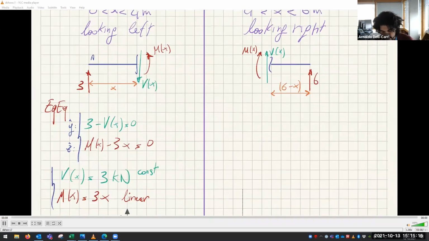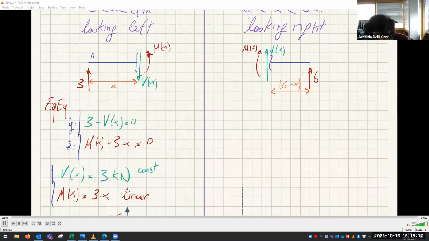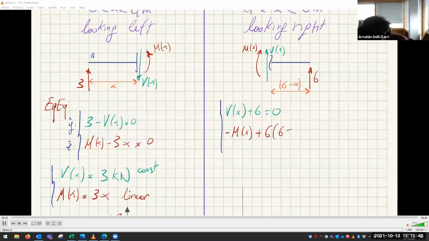Okay, now that we have everything, again, equilibrium equations, let's solve equilibrium. We have that v of x plus 6 equals 0. And then we have minus m of x, sorry, because this is negative, minus m of x clockwise, plus 6 times 6 minus x equals 0.